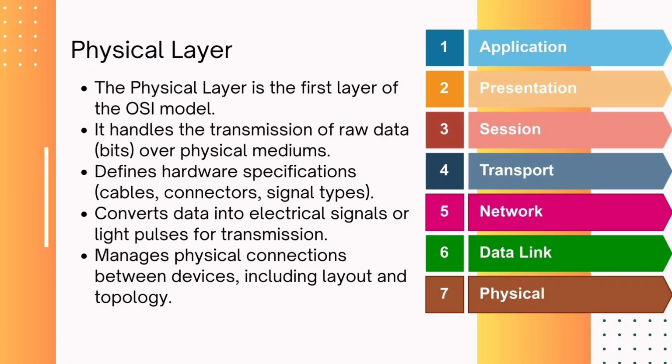According to the medium, ethernet cables use electric signals, fiber optic uses optical signals, and wireless communication uses electromagnetic waves. So it also covers these signals and how data is converted to them to be communicated to the next devices.